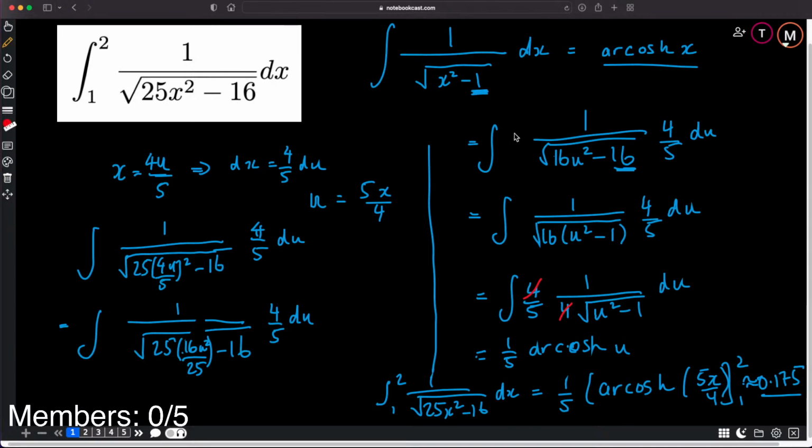Or how did you deal with that? I'm just curious. There's probably a way to do it that way. I mean, if you get this expression in the integral, it just makes life easier, I guess, is what I'm trying to say.